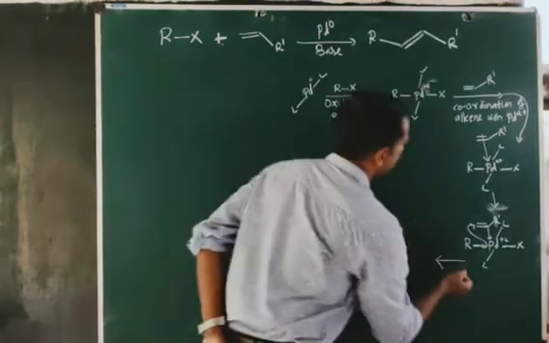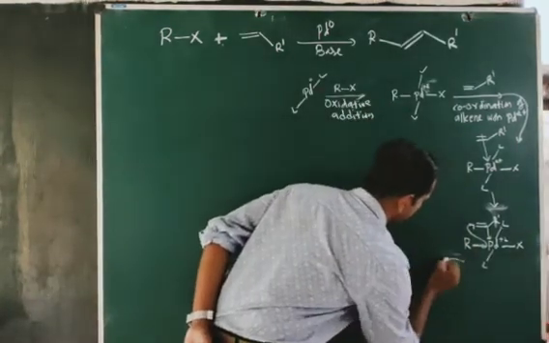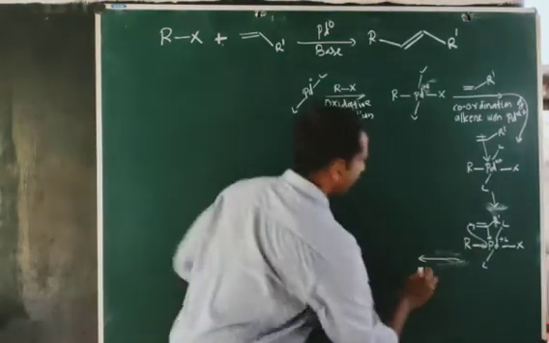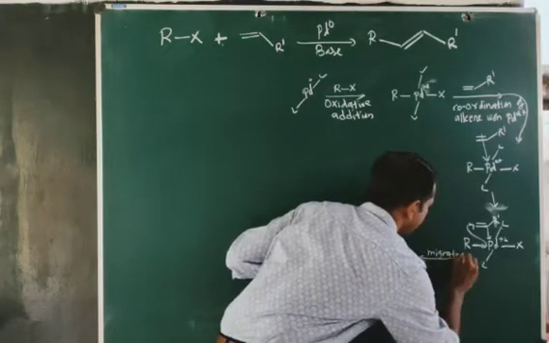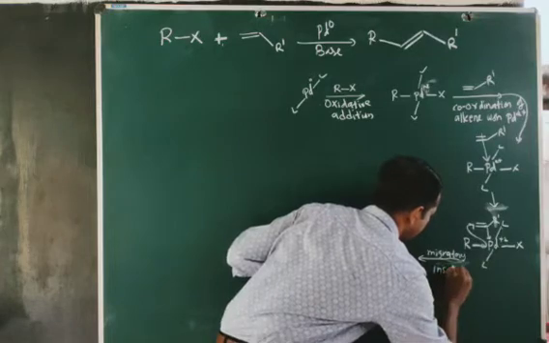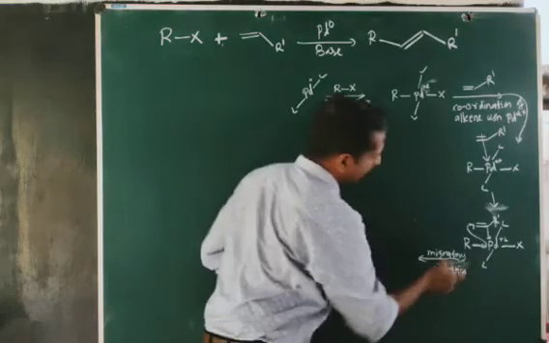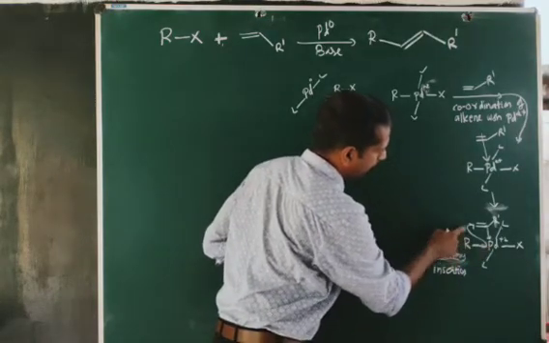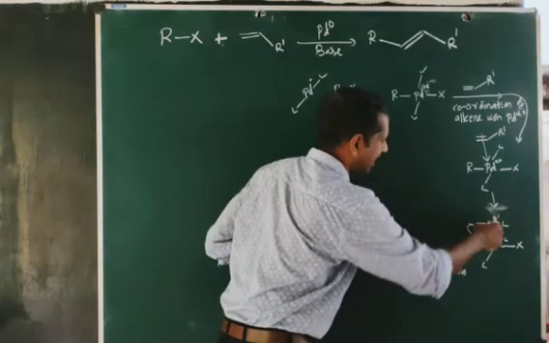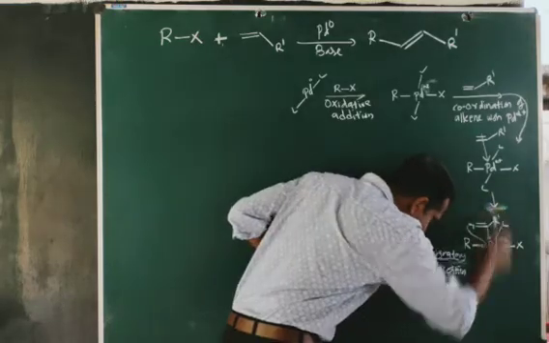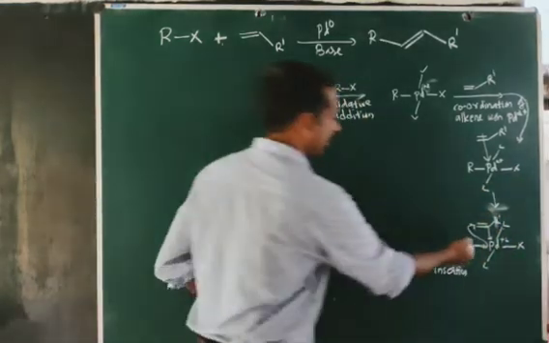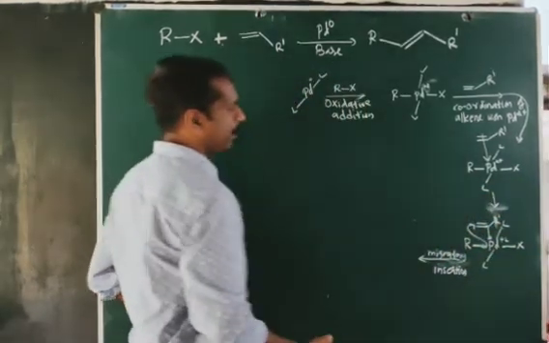This step is known as migratory insertion. What do you mean by migratory insertion? This R group is migrating from Pd, and this alkene, this pi bond, is inserting into Pd2+. This is migration and insertion, migratory insertion.